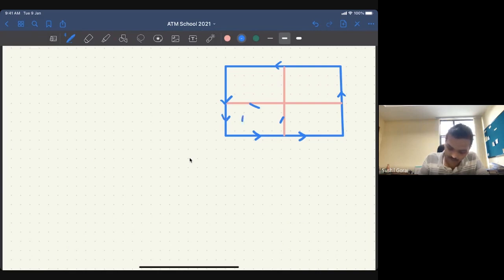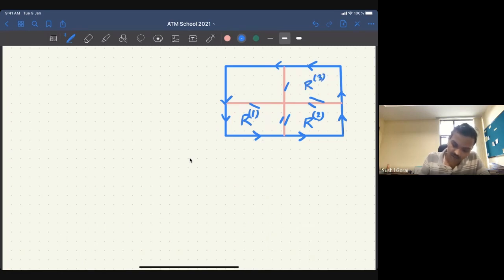Call this R1. And here the direction would be this way, and come back here. So this is R2. And similarly here, you go this way and this way and go here, and then go here. So this is R3.